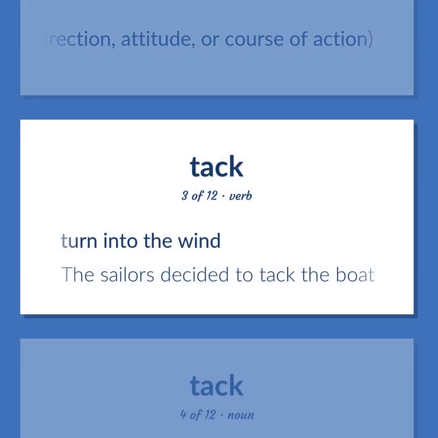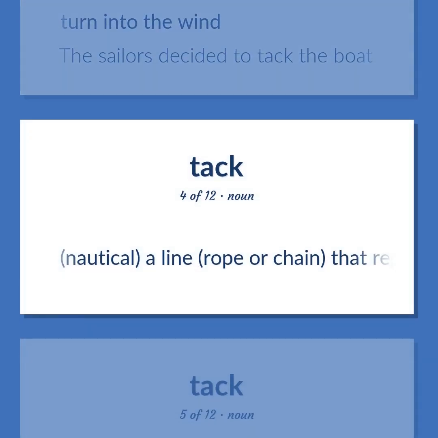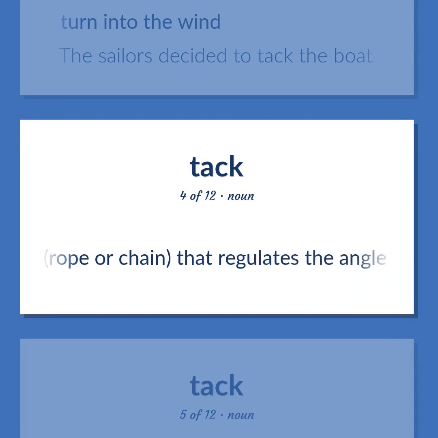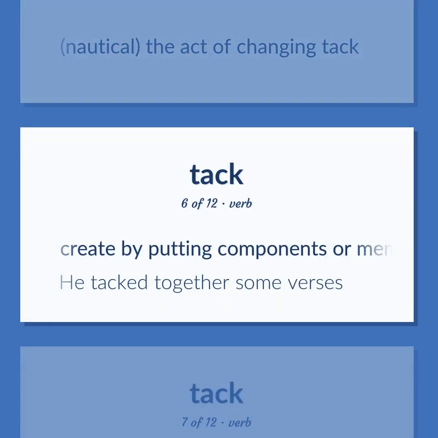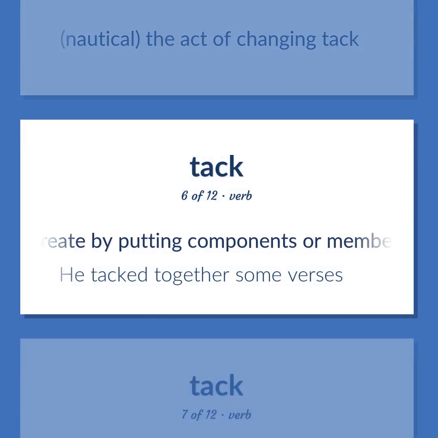Turn into the wind. The sailors decided to tack the boat. Nautical, a line, rope or chain, that regulates the angle at which a sail is set in relation to the wind. Nautical, the act of changing tack. Create by putting components or members together.